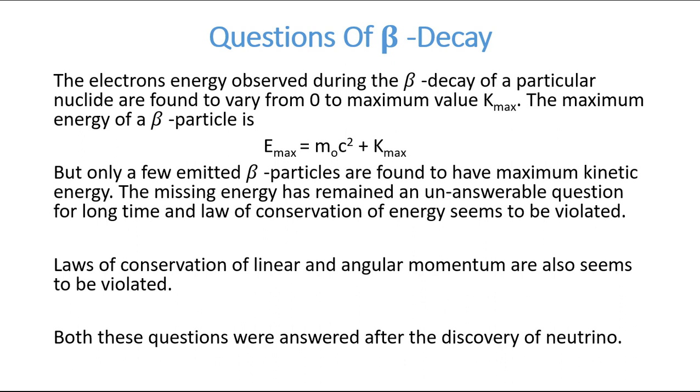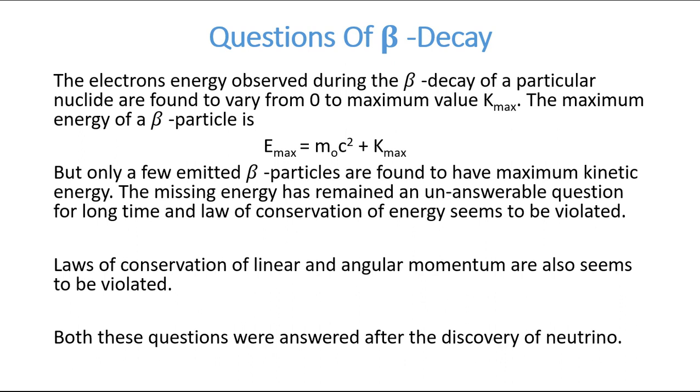For one particular beta decay, compared with another decay of the same material, the energy of the electron will be different, because the energy is shared among three particles: the daughter nucleus, the electron, and the neutrino.